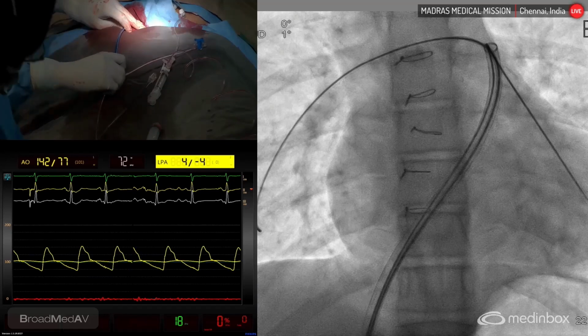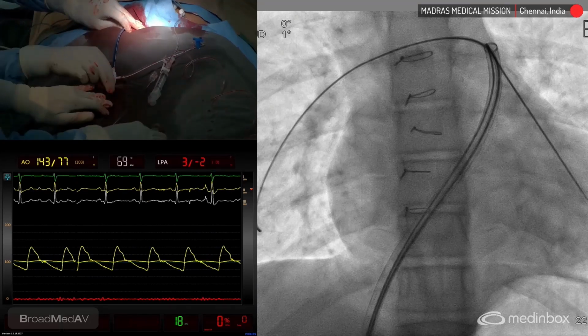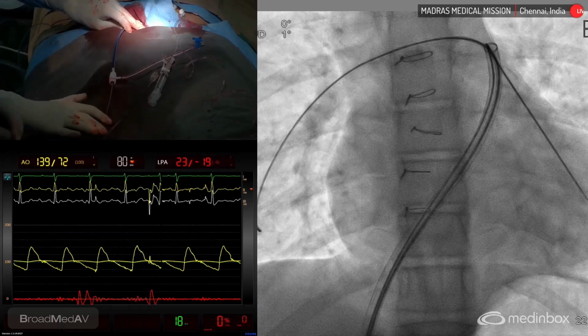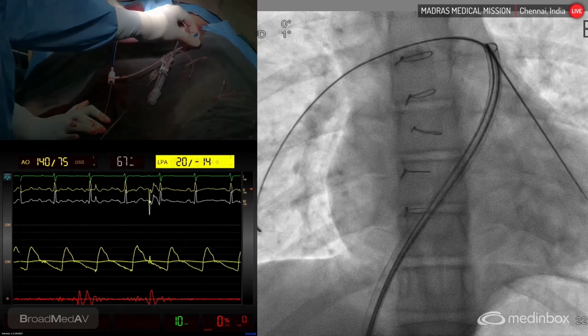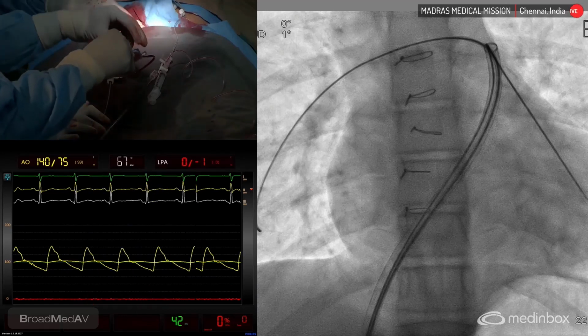The Lunderquist is going into the right and the Amplatz superstiff is going into the left. Here. We'll flush this line now.